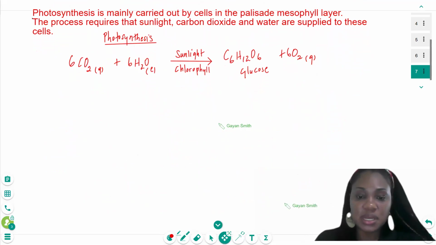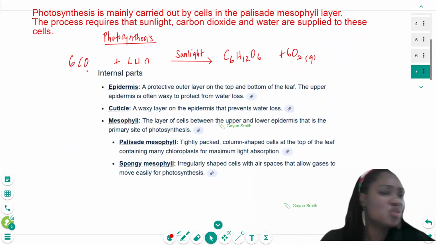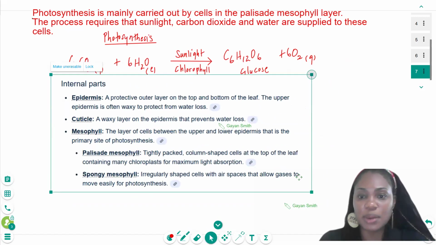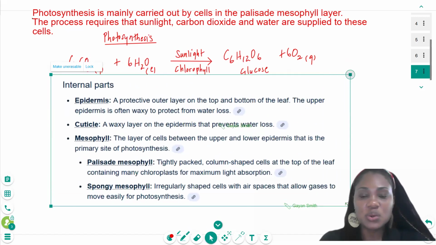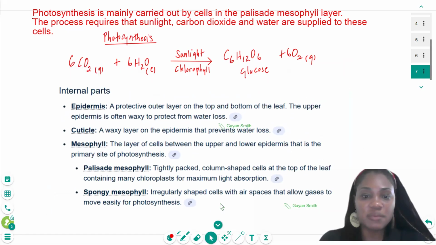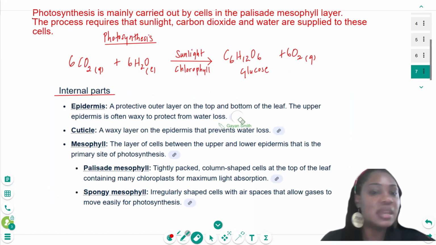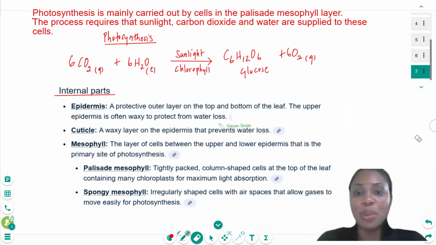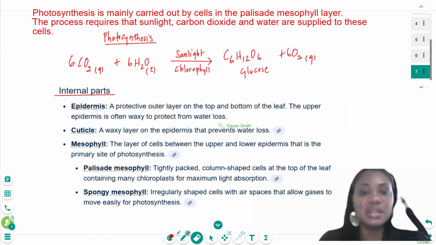Let us make a note of the parts. I assume everybody has finished copying the diagram, right? All right, so let's make a note of the internal parts of the leaf. The epidermis, we saw that first, right? We have an upper epidermis and a lower epidermis, and that's a protective outer layer on the top and bottom of the leaf.